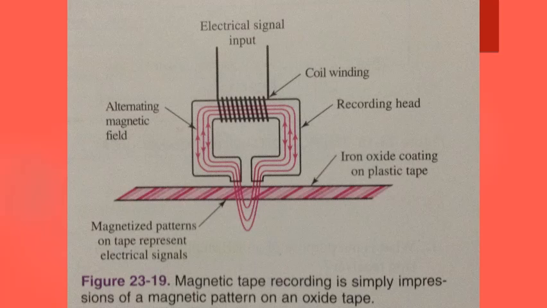Recording information on a magnetic tape is simple. The tape is plastic with a thin coating of iron oxide on one side. The iron oxide is a magnetic material. The voice or picture message is converted to electrical impulses. These electrical impulses are applied to the coil winding on the recording head.